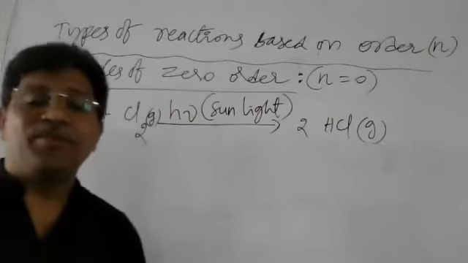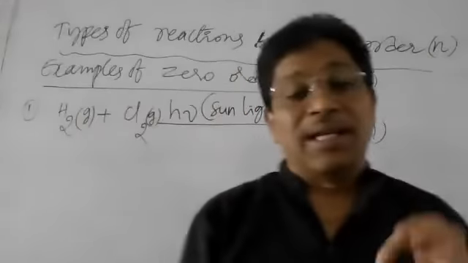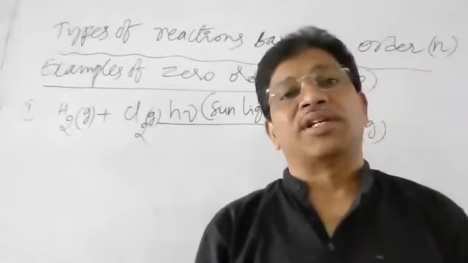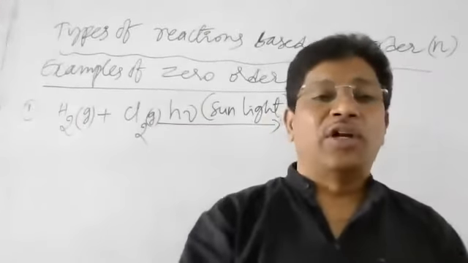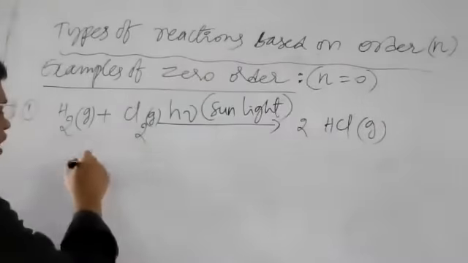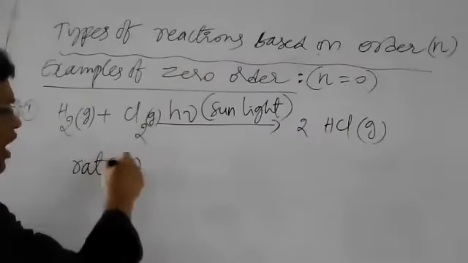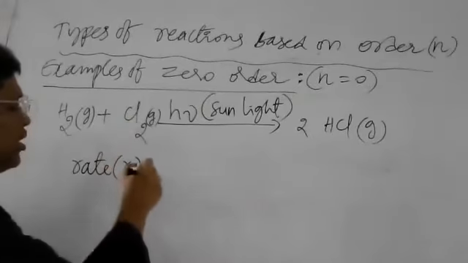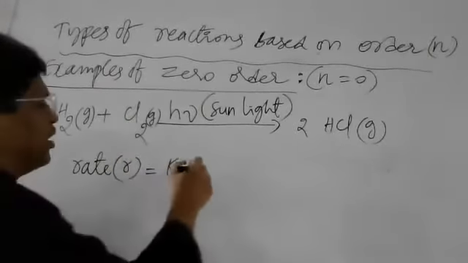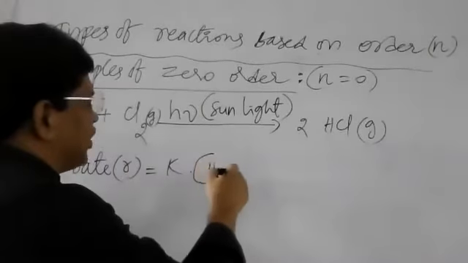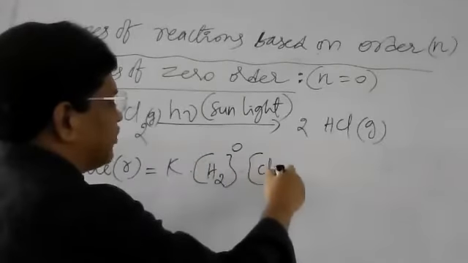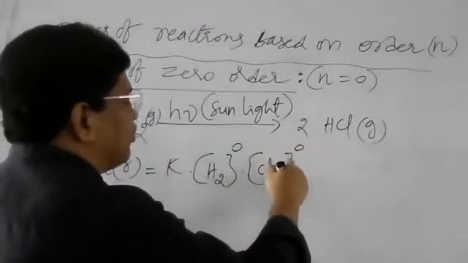In this reaction, the rate of reaction does not depend on H2 concentration and Cl2 concentration. That's why it is a zero order reaction. How to write it? Rate of this reaction is equal to rate constant K into concentration of H2 to the power of 0 into concentration of Cl2 to the power of 0.